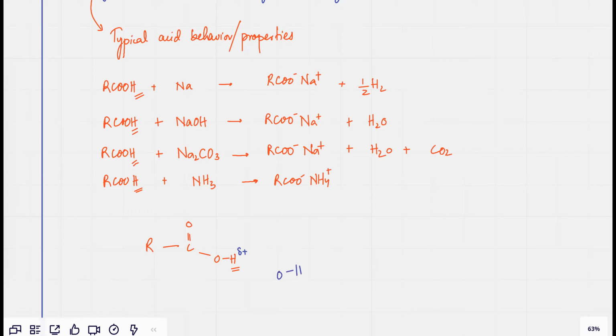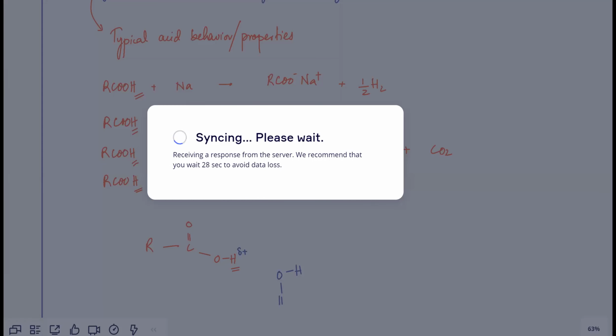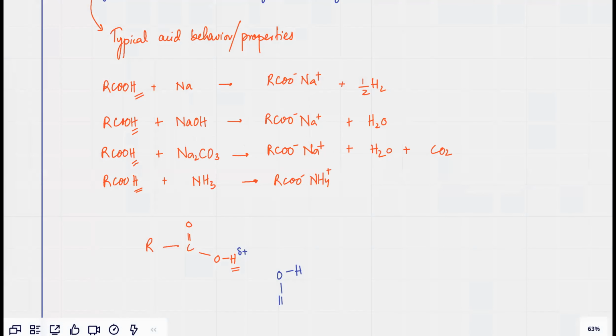The water molecules around them are polar. So the water molecules have these lone pairs, and the lone pairs are partial negative. The H is partial positive. So the H gets pulled or attracted to the lone pairs on water molecules, which is why eventually the H breaks away.